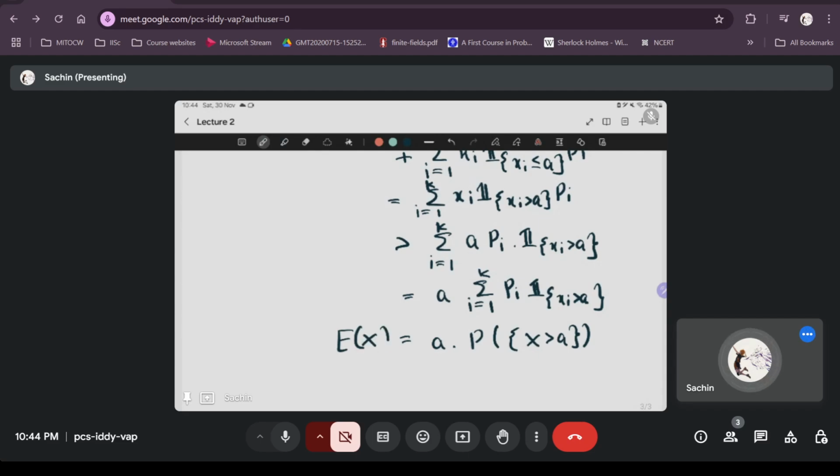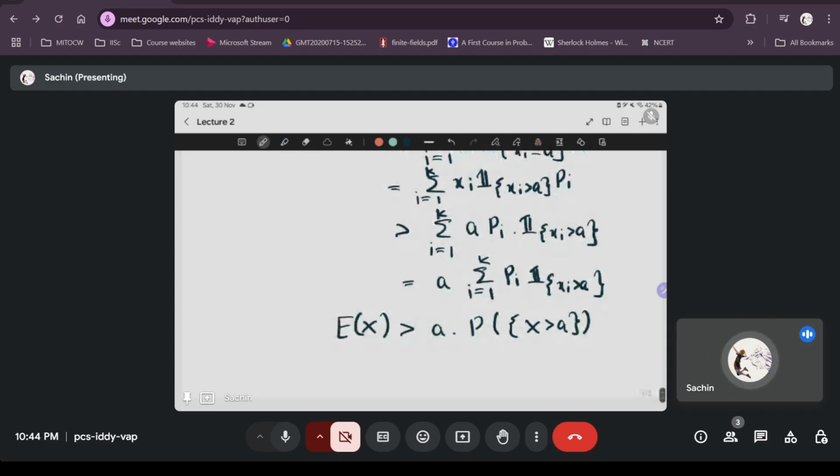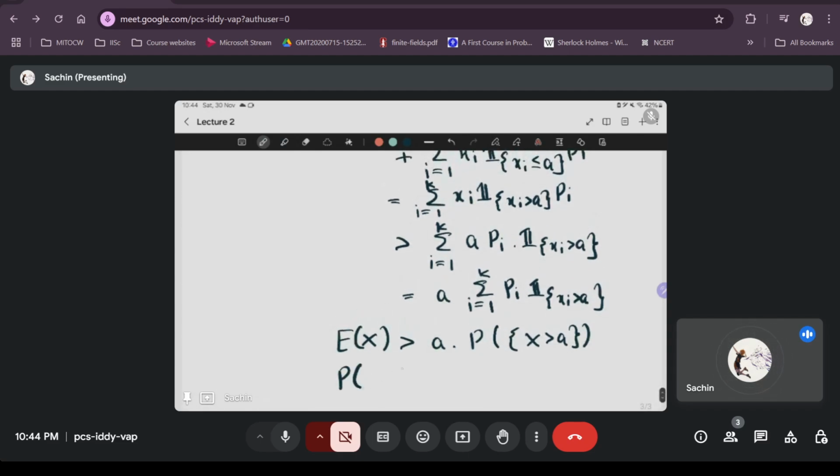So E of x is greater than a times P of x greater than a. We rearrange the terms, we'll get the probability of the set such that x is greater than a is less than expected value of x divided by a. So that is Markov's inequality.